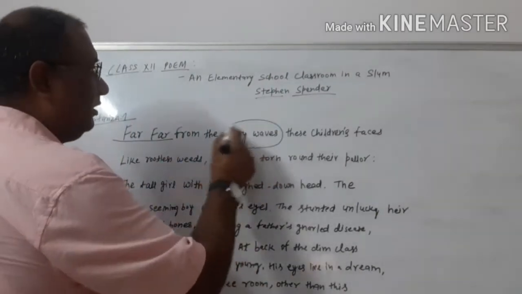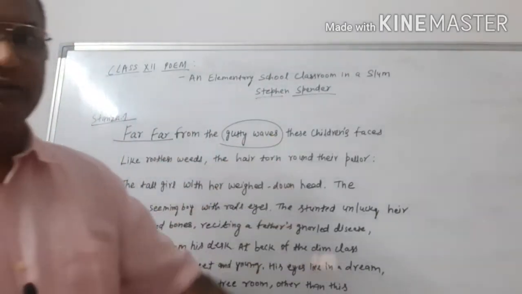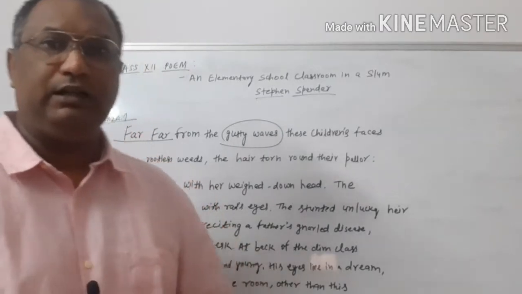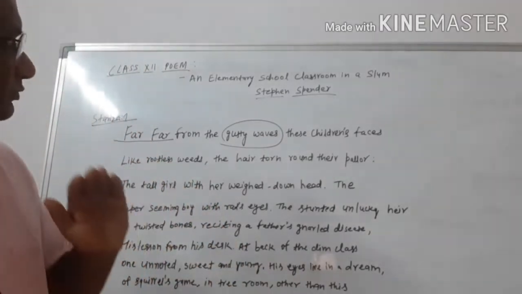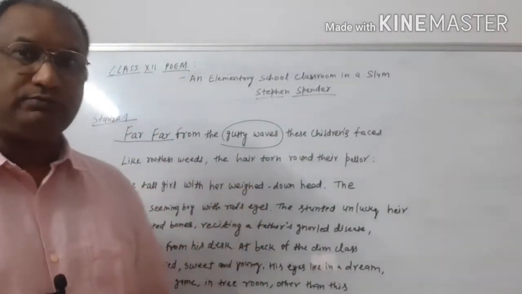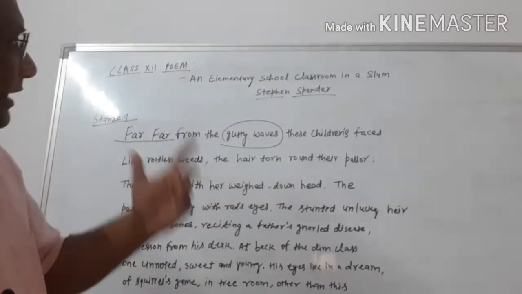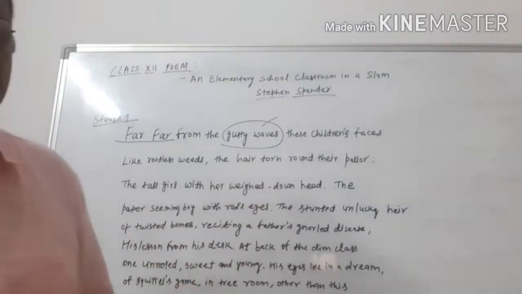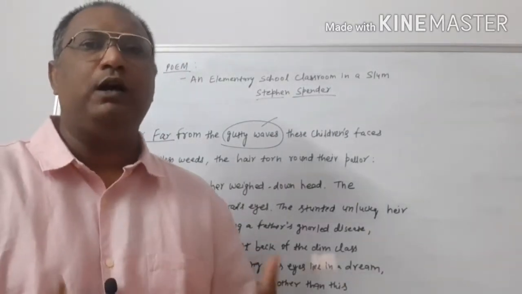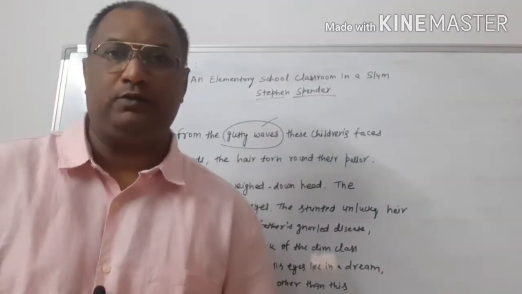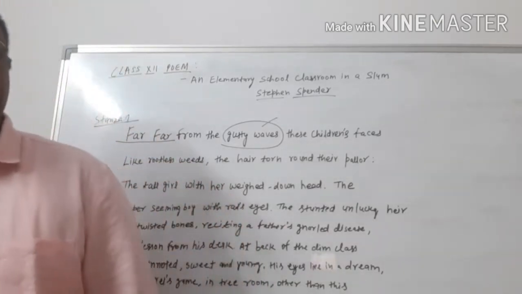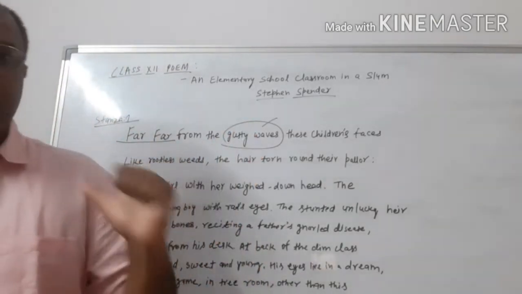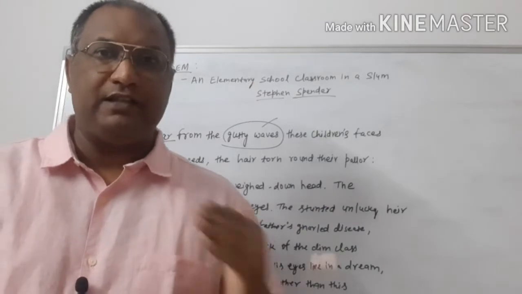Gusts are strong winds, that is the literal meaning. But here gusty waves mean energy, full of energy, enthusiasm, exuberance. So who are full of energy, who have such enthusiasm? It is referring to the privileged children.